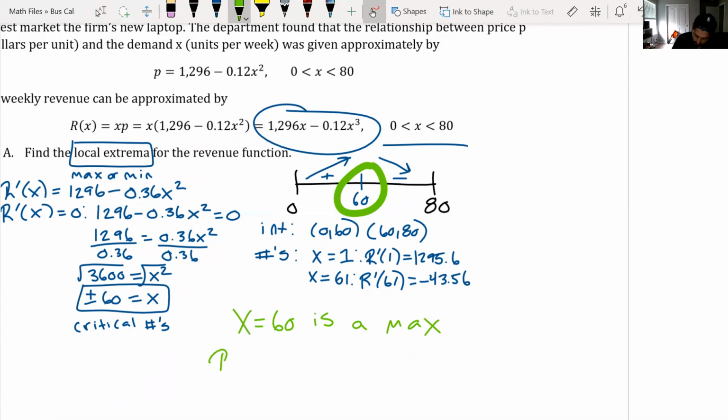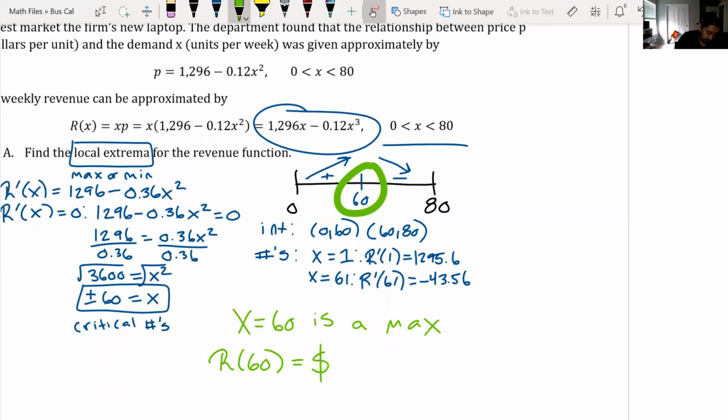So we'll say R of 60. And I'll put a lovely little dollar sign there. And I'll have 1296 times 60 minus 0.12 times 60 cubed.